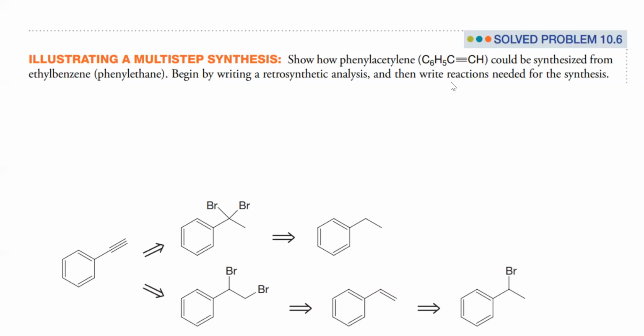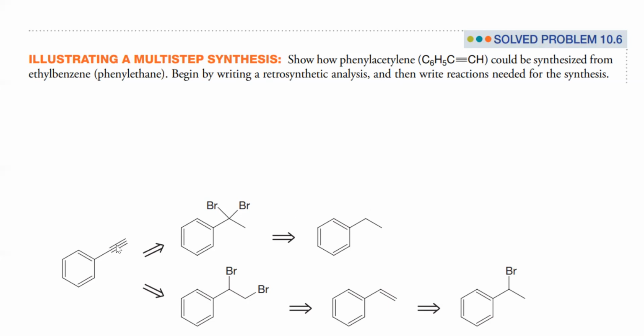Begin by writing a retrosynthetic synthesis. This is our target product, and we'll start with this one. How do we proceed to this if our starting material is this? You can go for the retrosynthetic pathway. For instance, how do you obtain this triple bond?